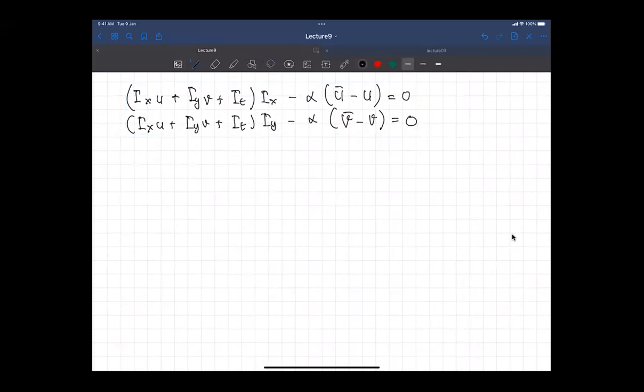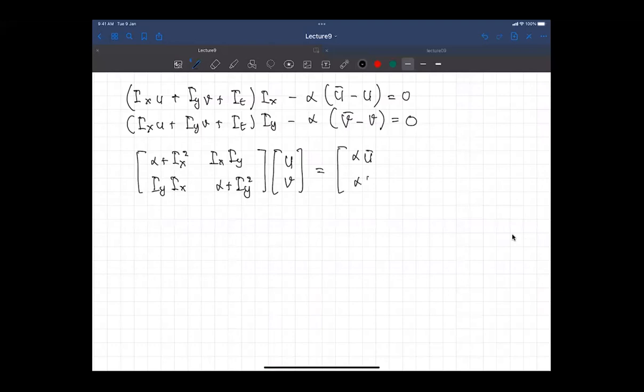Okay, so similar to Lucas and Kanade, we can transform this equation into alpha plus Ix squared, Iy Ix, Ix Iy, alpha plus Iy squared multiplied by u v equals to alpha u average, alpha v average minus Ix It, Iy It. I think that's correct, right?